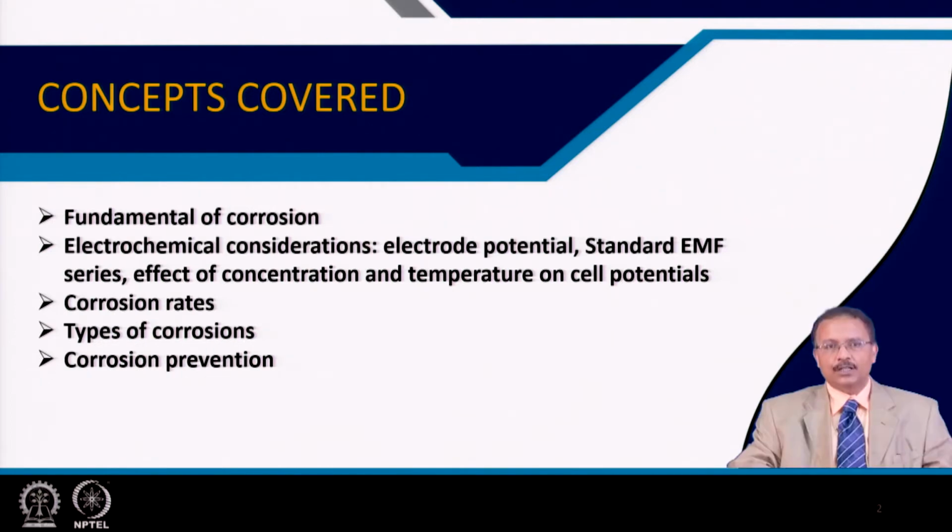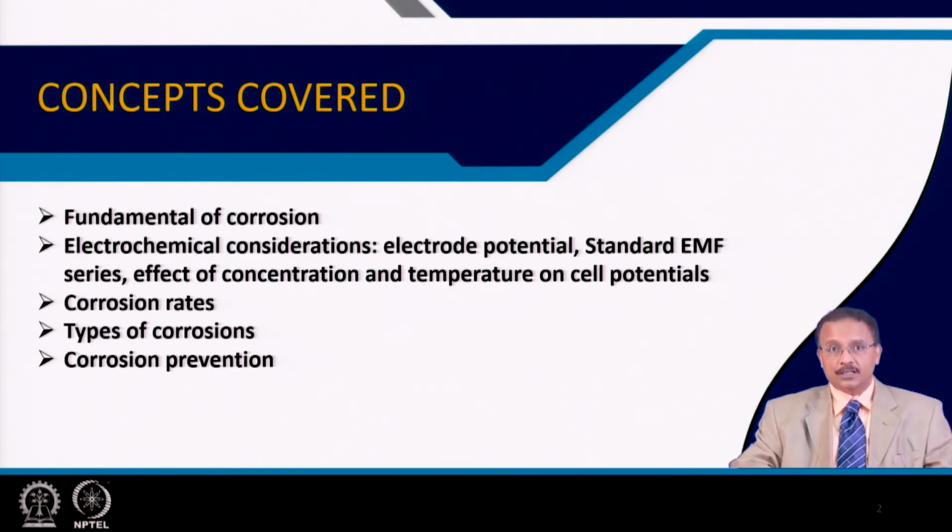Mostly we will be talking about the corrosion in metal, and in the next lecture we will briefly introduce the corrosion or degradation behavior of ceramics, polymers and related materials. So, this lecture is mostly devoted to various metal corrosion.